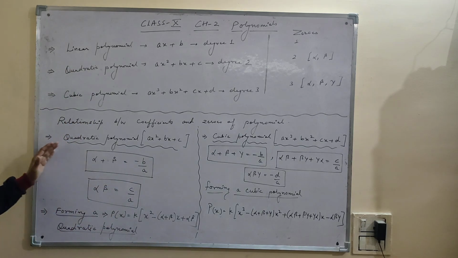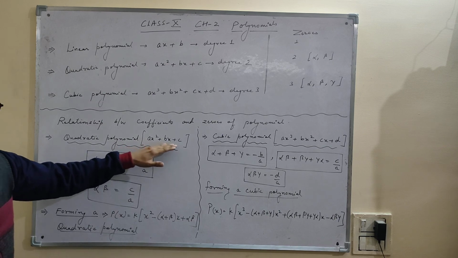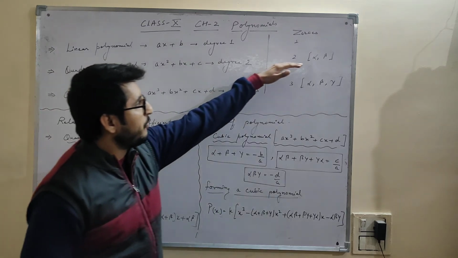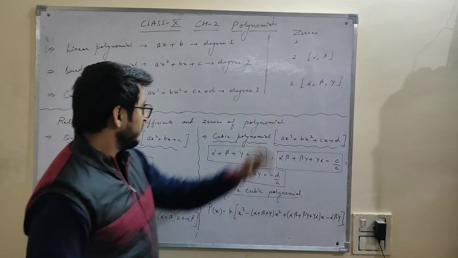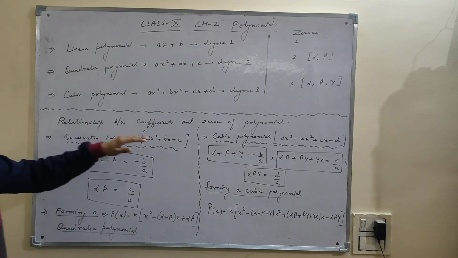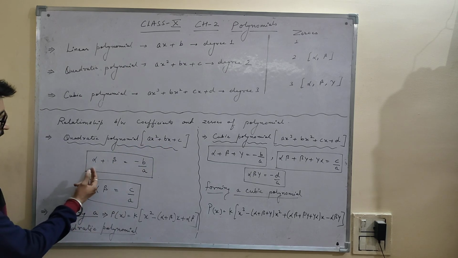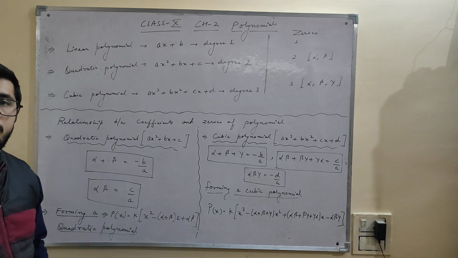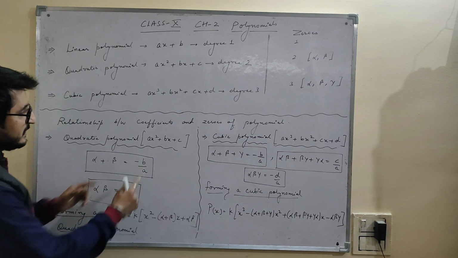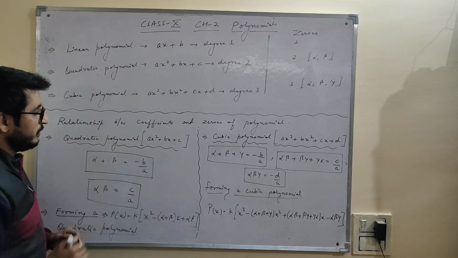Firstly, let's study the quadratic polynomial, which is of the form ax square plus bx plus c. As I have already told you, the quadratic polynomial has two zeros, alpha and beta. The relationship of these two zeros with the quadratic polynomial ax square plus bx plus c will be as follows. Alpha plus beta, that is the sum of zeros, will be equal to minus b by a, where b is the coefficient of x and a is the coefficient of x square.